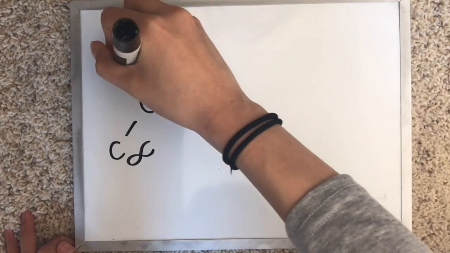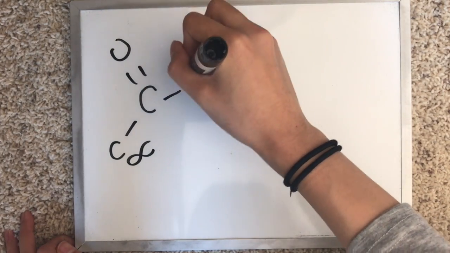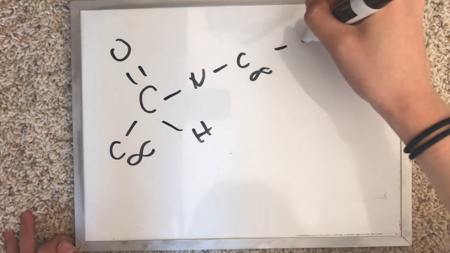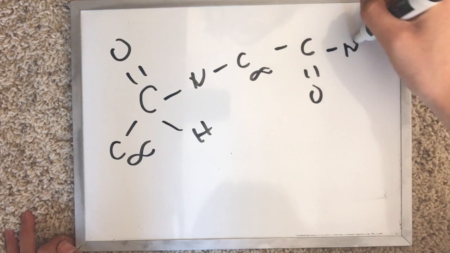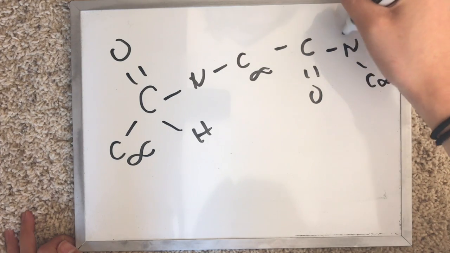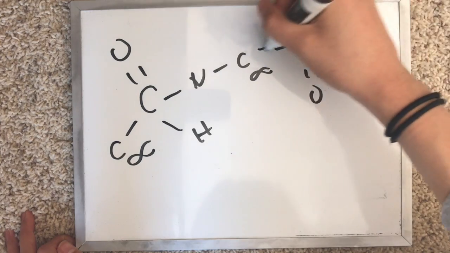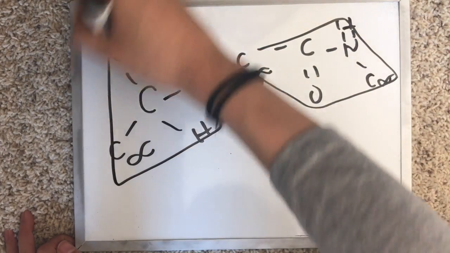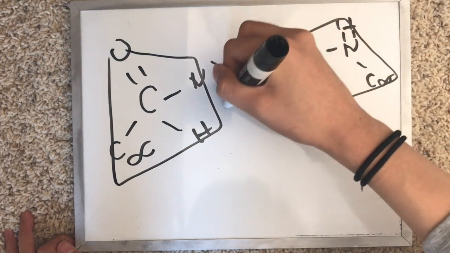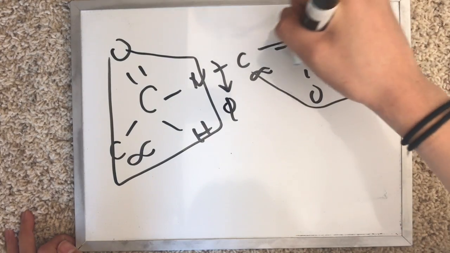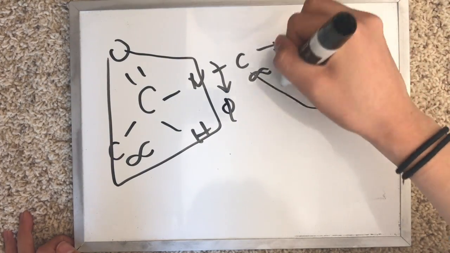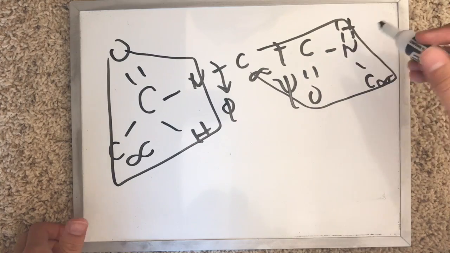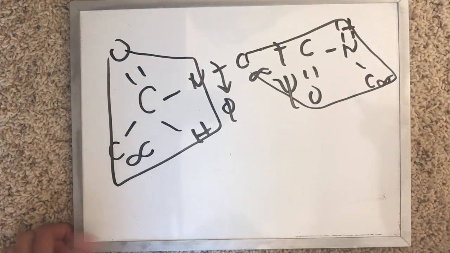So this is C alpha, C, and your double bonded oxygen, your N, your H, and this is bonded to a C alpha, which is bonded to a C, O, N, C alpha, and H. So this forms one plane, and this forms one plane, and between the N and the C alpha, you have phi, and then between the C alpha and the C, you have psi. Just by altering these two angles, this is what determines the structure of a protein.